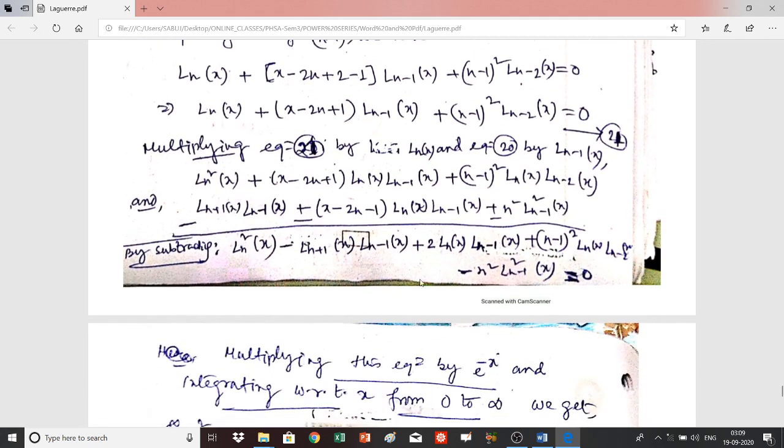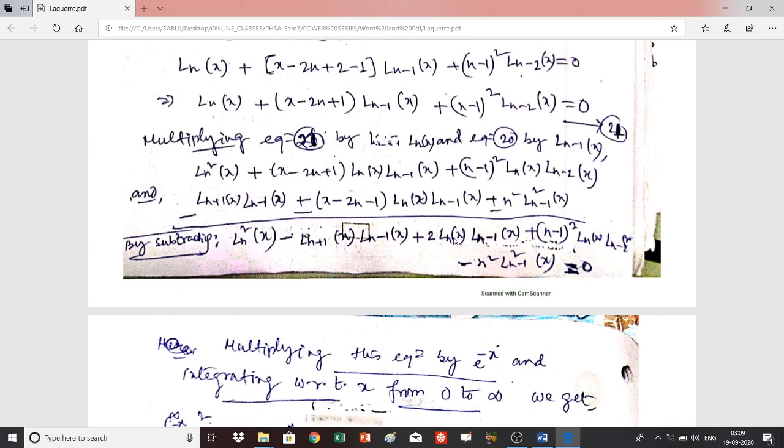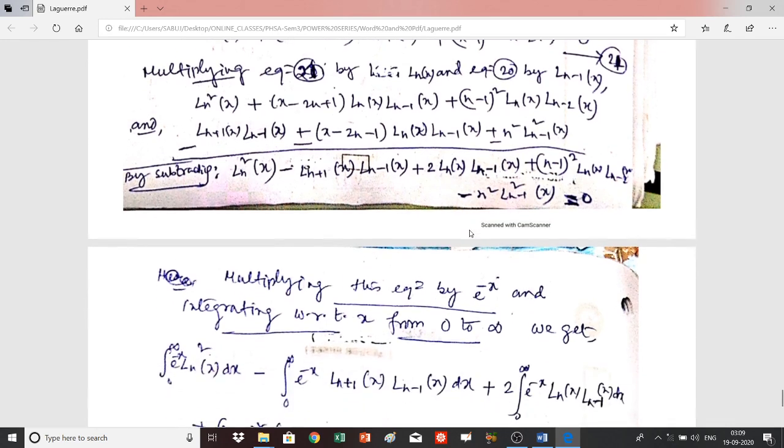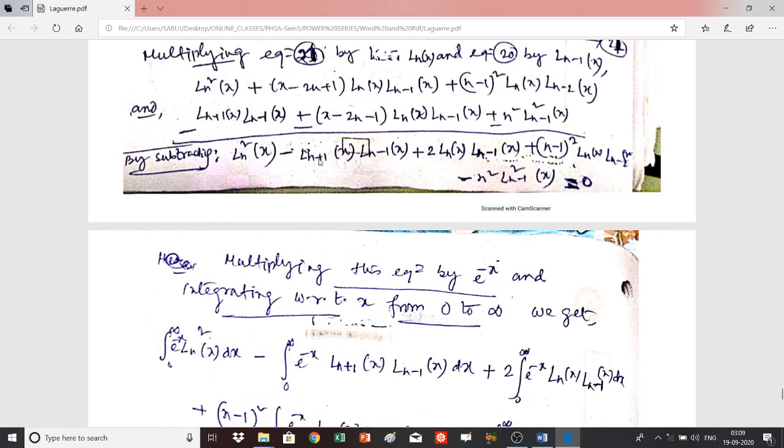Just look at it and compute it, there is nothing missing, every term is given here. And after that, you get Ln squared x minus Ln plus 1 x Ln minus 1 x, then plus 2 Ln x Ln minus 1 x plus (n minus 1) whole squared Ln x Ln minus 2 x minus n squared Ln minus 1 squared x, that is equal to 0.